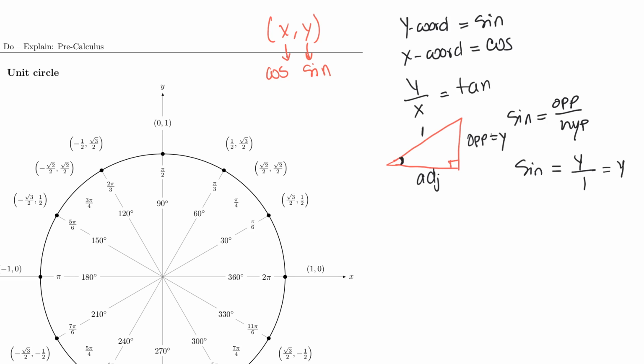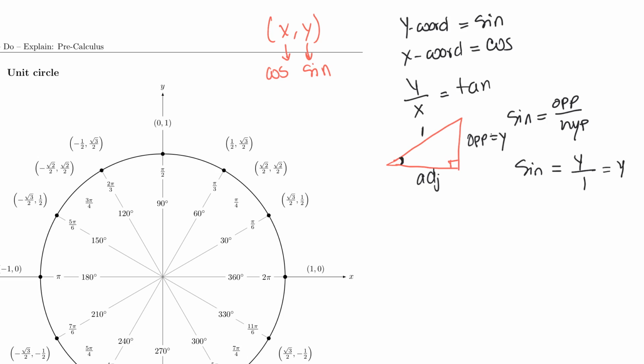Additionally, our angles of interest are going to be 0, which is along the x-axis, 30, which is this one right here, which is pi over 6, 45, which is the one over here, which is pi over 4, 60, which is this one right here, and 90, which is this one right here. Okay, these are our 5 angles of interest, and we are going to figure out how to calculate each one of them.